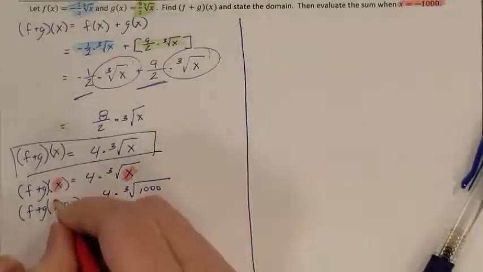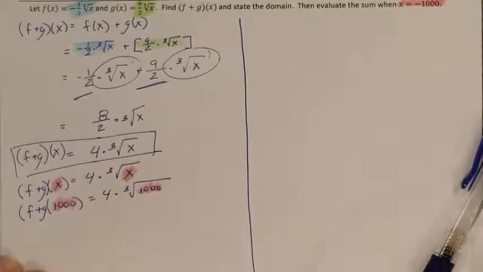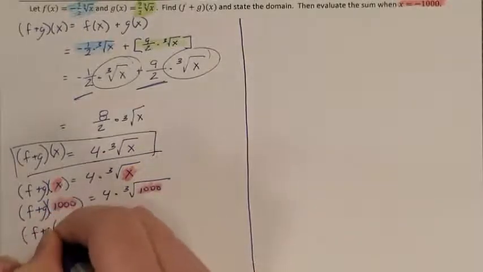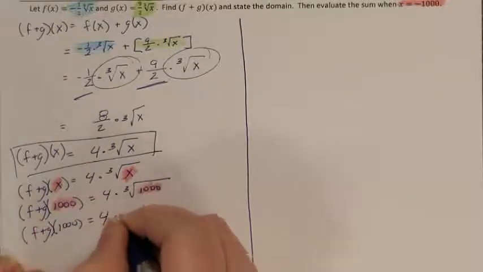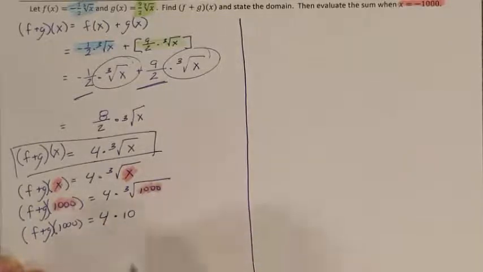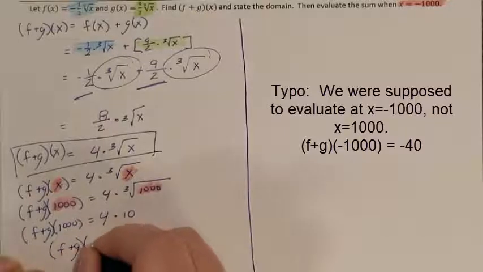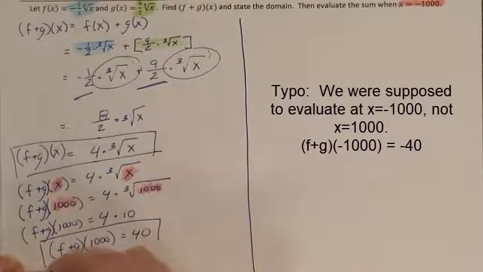All of these x's were replaced with the 1,000 I was asked to evaluate at. So my f plus g at 1,000 is going to equal 4 times the third root of 1,000, which is 10. So 4 times 10 is 40. So my f plus g at 1,000 gives me the answer of 40.